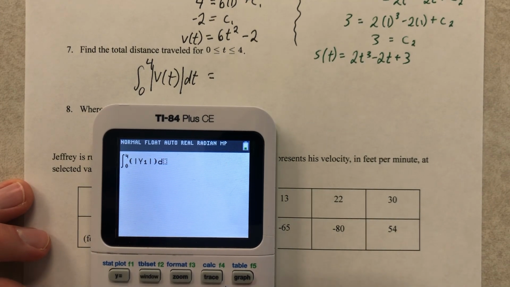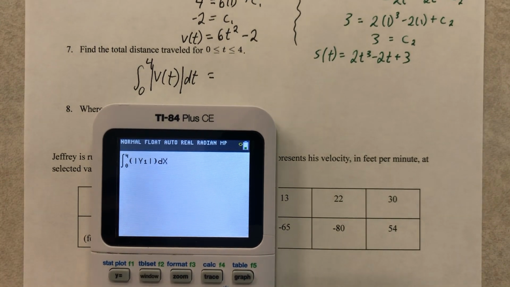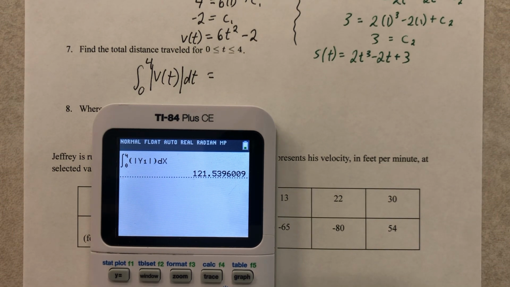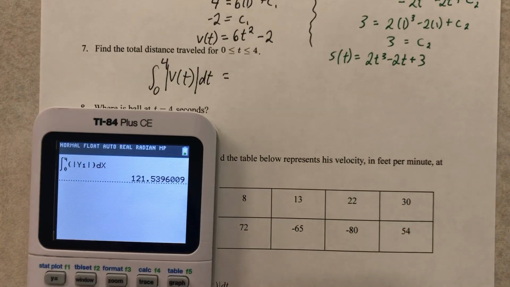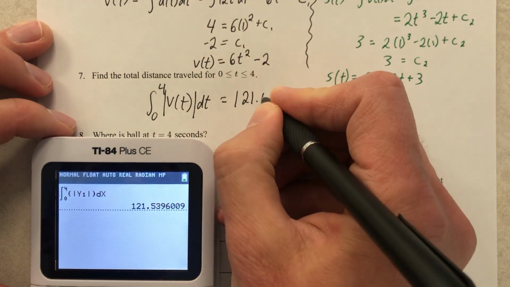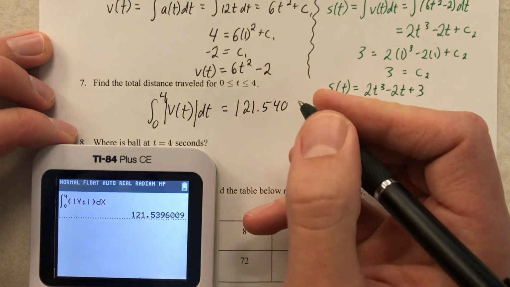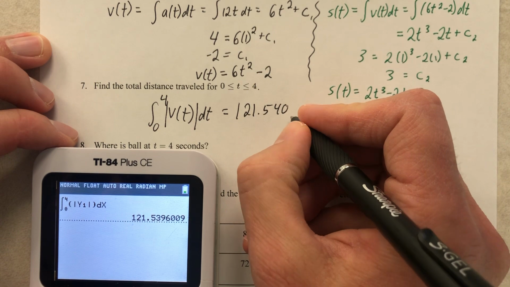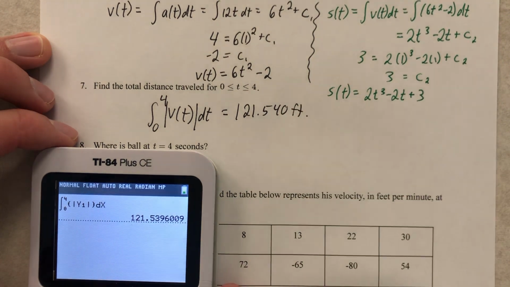Do I press buttons too fast? I'm using these calculators since the mid-90s. I'm kind of used to them. 121.540. Total distance traveled. Let's put units on this. 121.540, and that is the distance it traveled. That would be so many feet.